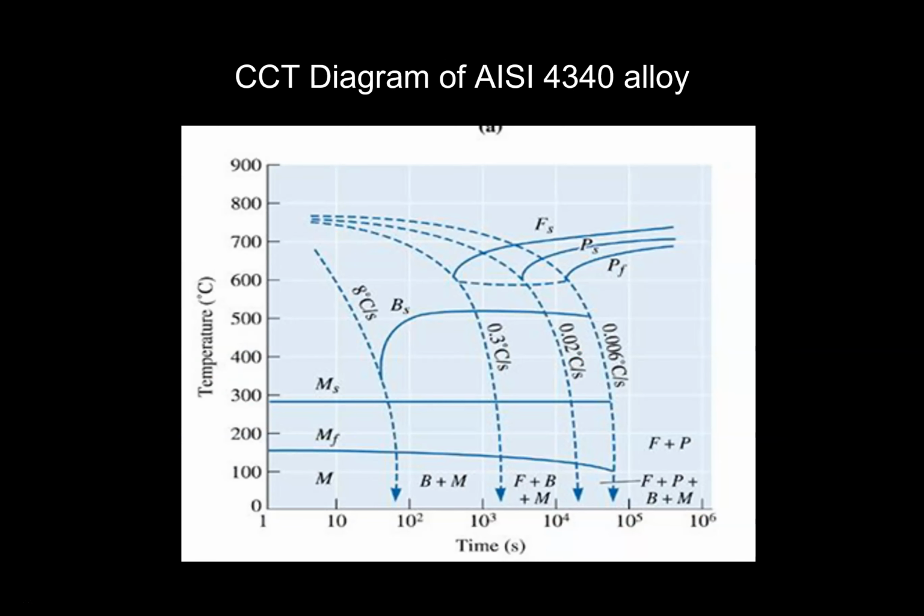So when we take a look at the 4340 alloy in particular, what we notice is the phase diagram is largely empty in the fast cooling rate. And so what this enables is that at fast cooling rate, we can produce a much larger volume fraction of martensite as opposed to the other alloy.